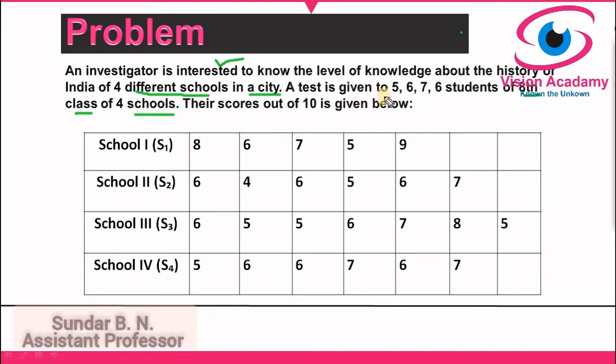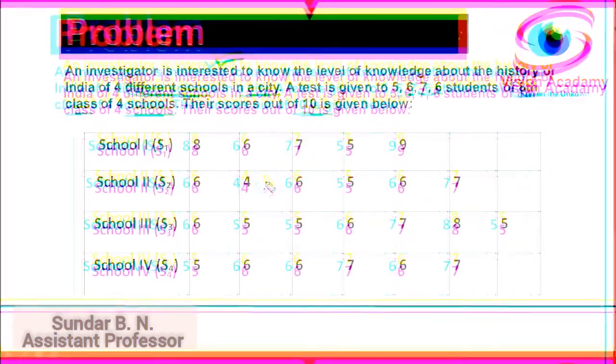So for the first school, they have given a test for 5 students. For the second school, they have given a test for 6 students, and 7 students, 6 students for the third and fourth school respectively. And their scores out of 10 are given below. So it is very clear we have 4 schools and we want to know the level of knowledge of history of India, and for students they have given a test, and the test score is obtained as follows.